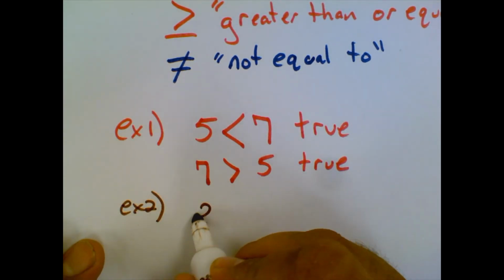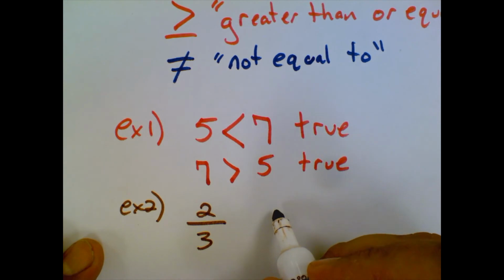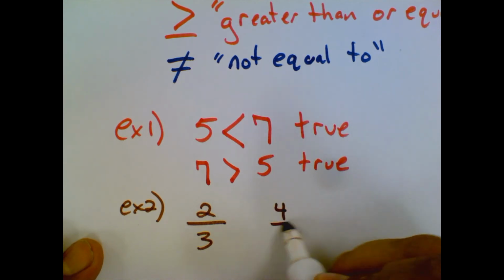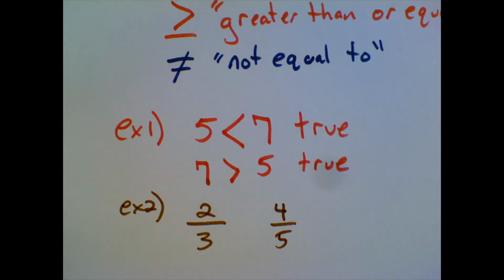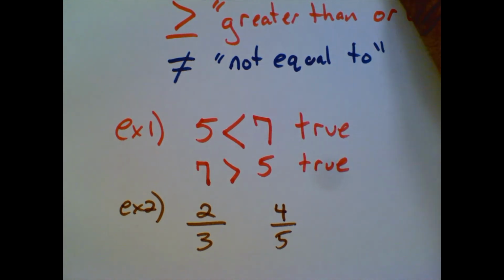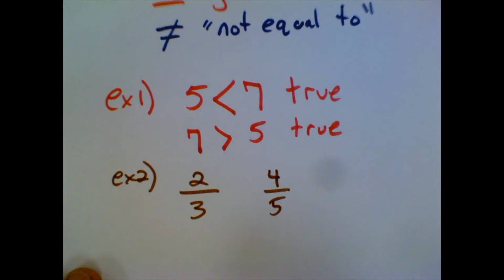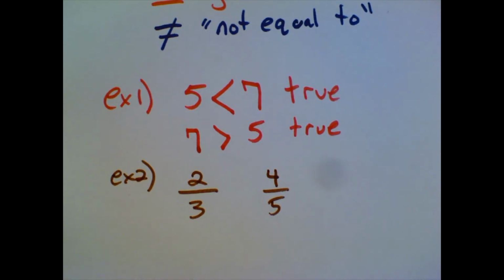How about 2/3 and 4/5? This time, we're going to decide which fraction is greater than the other one. So we'll put the symbol in there in a second. The biggest thing you got to do in these situations is find a common denominator, because like we found with the pattern blocks the other day, if you have different denominators, we have different size pieces that the pie is cut into, so we got to make them the same.